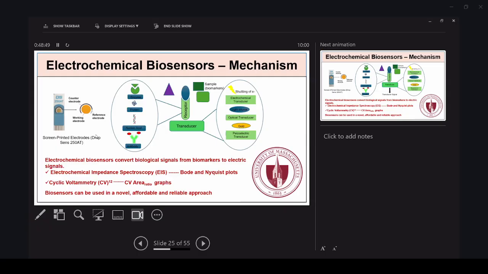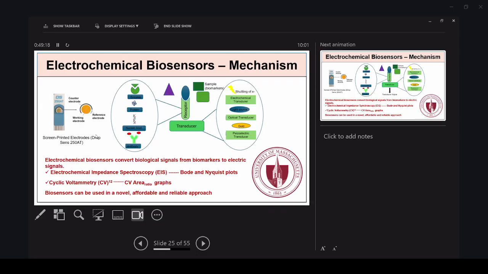Once it is done, it passes to the transducer. As I mentioned before, it can be an electrochemical transducer, which is mainly shuttling of electrons, or a light transducer, which is optical. I even worked with molecular beacons, which is the development of optical biosensors for detection of bacteria. That's again a different story. It is similar to electrochemical biosensors but using molecular beacons.